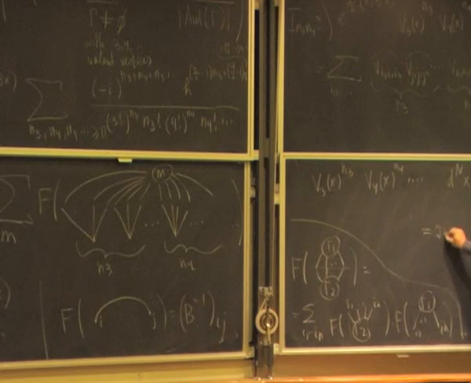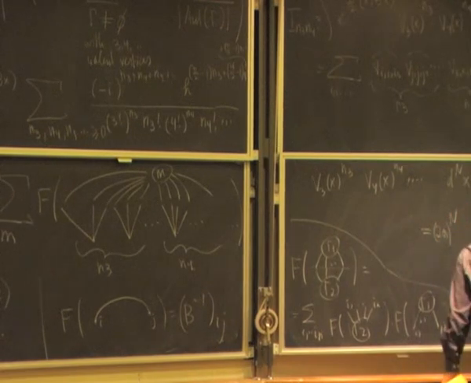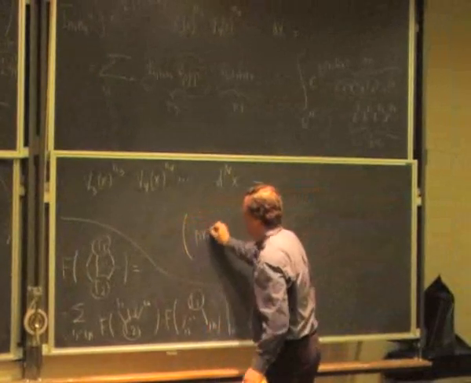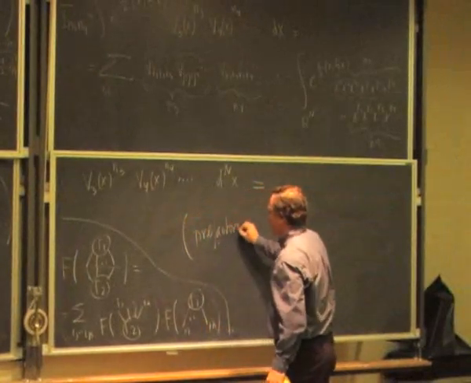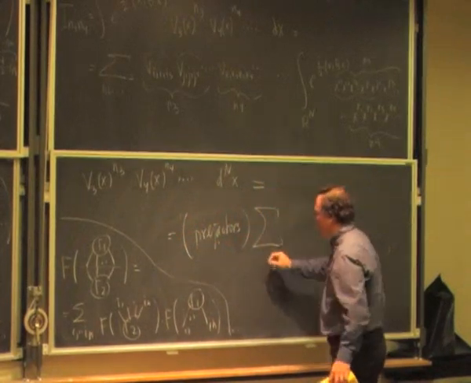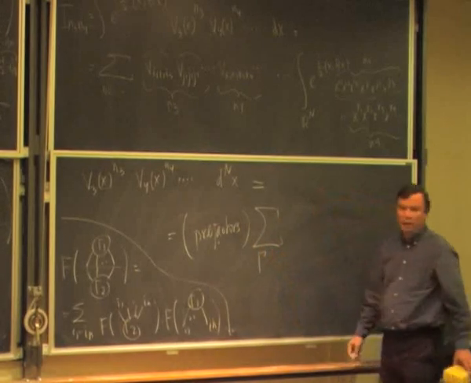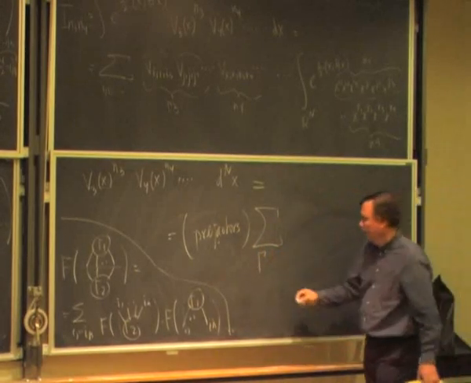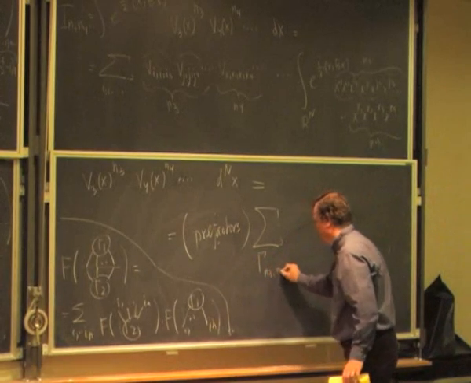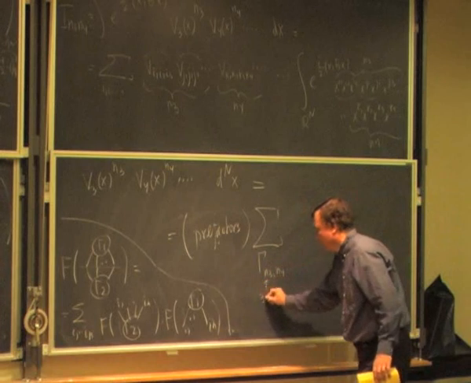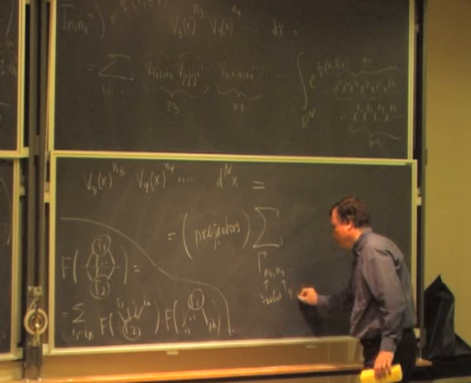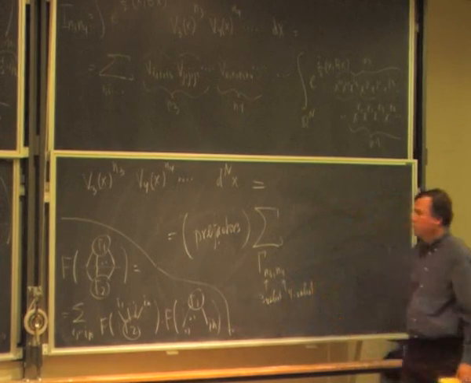It becomes the prefactors 2 pi to the n, oops, well, and then sum over graphs gamma with n3 trivalent vertices and 4-valent vertices and so on.